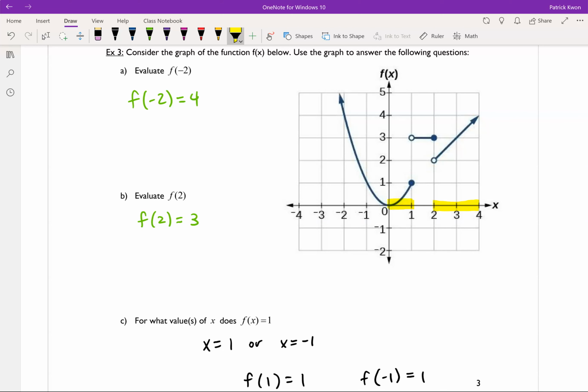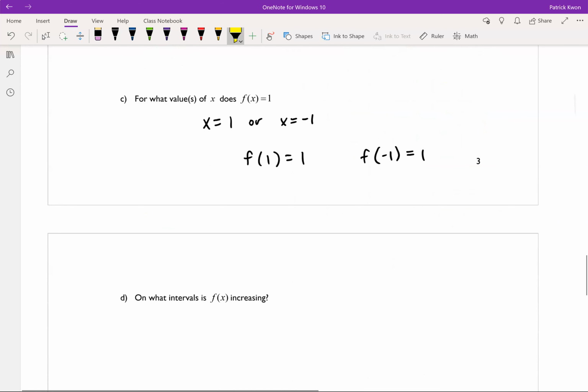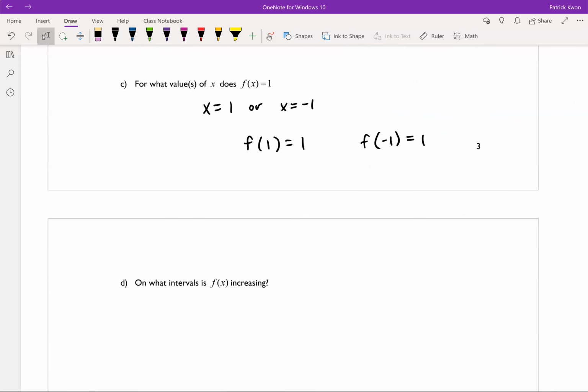Now, whenever we're talking about increasing or decreasing on an interval, we always use the x values, and generally we use interval notation or inequality notation, but I'm going to use interval notation, and I'm going to put parentheses on all of the endpoints because it's not exactly increasing exactly at that point, but that may differ depending on who you talk to or the textbook that you're looking at.